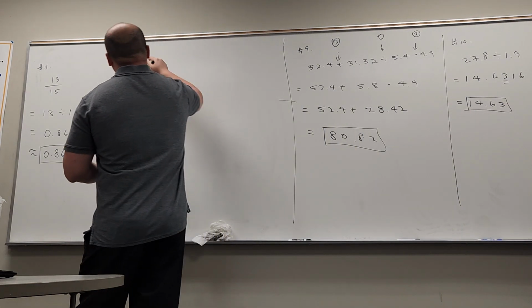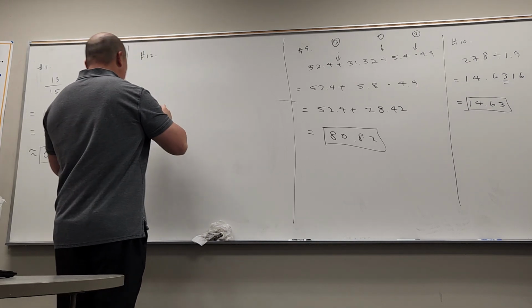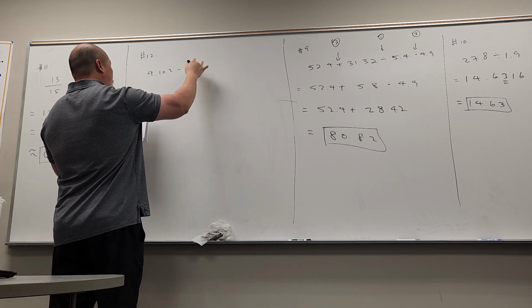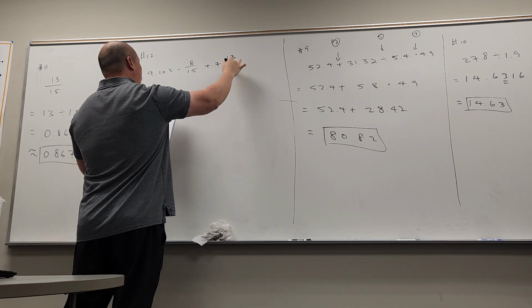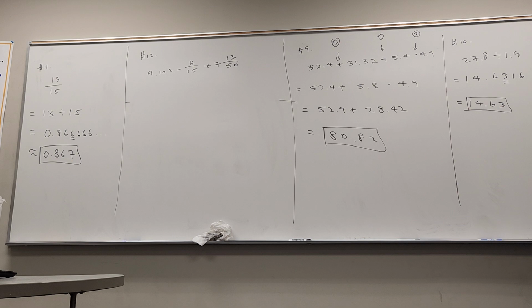Now let's look at number 12. 9.102 minus 8 over 15 plus 7, 13 over 50. Now this one definitely looks bad because of all those fractions and all that.